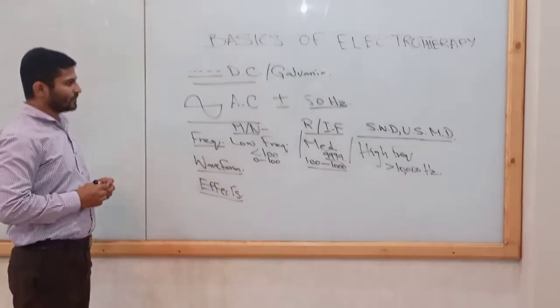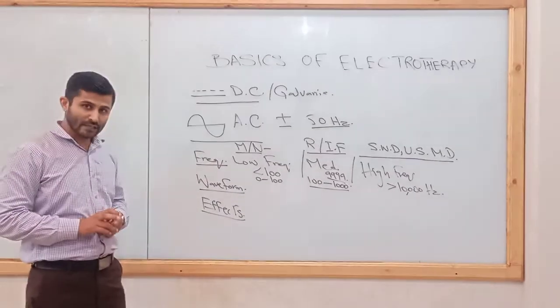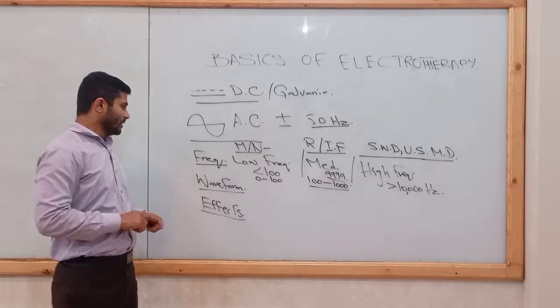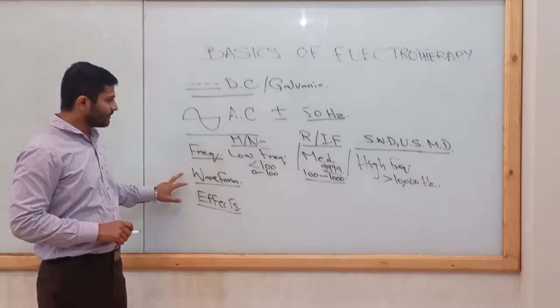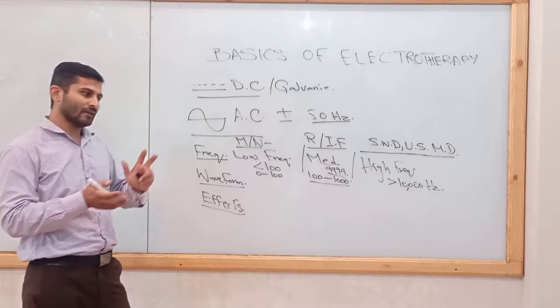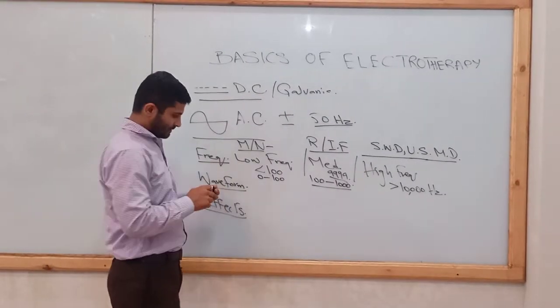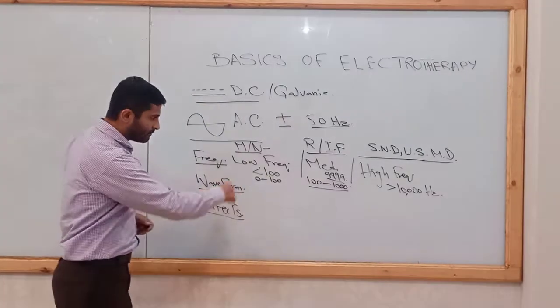Now if we come back to low frequency currents, which are routinely used by physical therapists, we see that we have different waveforms, and because of these waveforms we can achieve various effects.